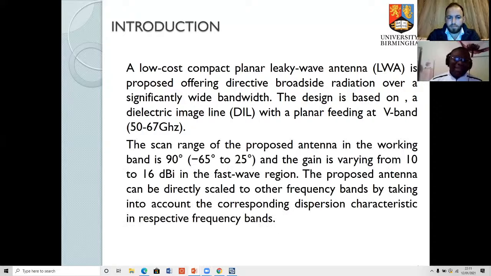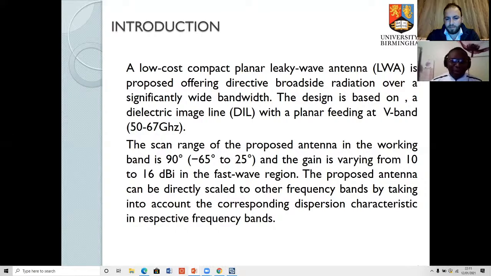Like I said, this antenna has a very wide range of beam scanning. As you can see, it can scan from minus 65 degrees to 25 degrees, which gives us a very wide scanning range of about 90 degrees. This sort of antenna does not have any electronic components on it.